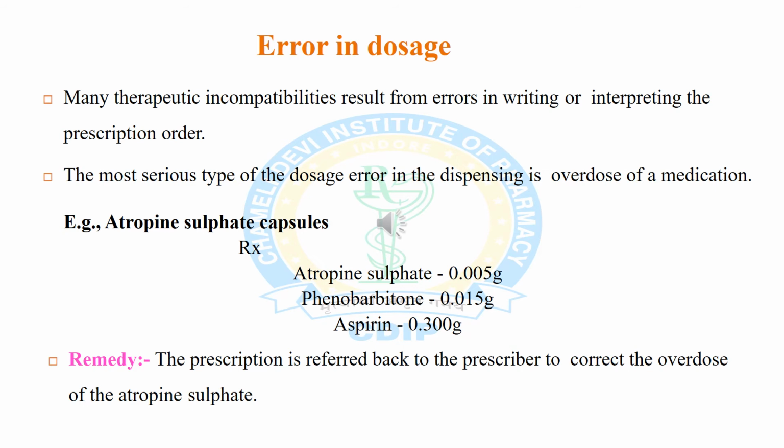The recommended dose for atropine in each capsule is 0.25 to 2 milligram, while in this prescription the quantity of atropine sulfate is 0.005 gram or 5 milligram, which is more than its recommended limit. So the prescription is referred back to the prescriber to correct the overdose of atropine sulfate.